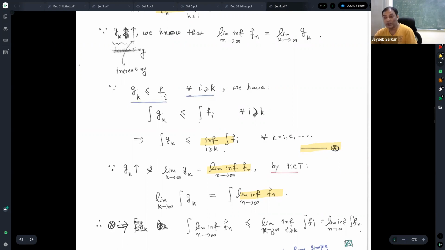So you are going to get the limit as k goes to infinity of the infimum of the integration of Fi, and again by the same reasoning, the limit as k goes to infinity of this chap is nothing but lim inf of Fn, because it's an increasing sequence. So you can replace this by supremum, and that's the definition of lim inf, and that completes the proof. So any question?